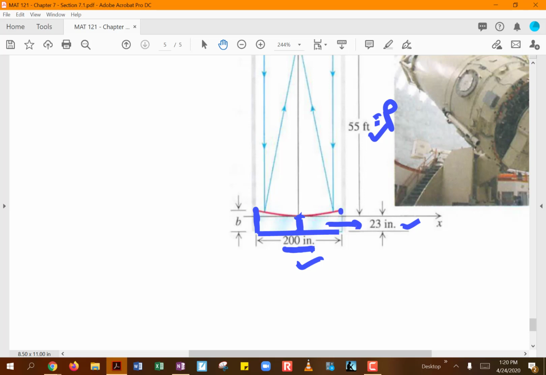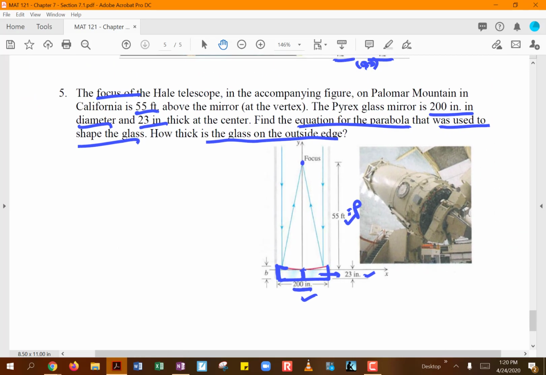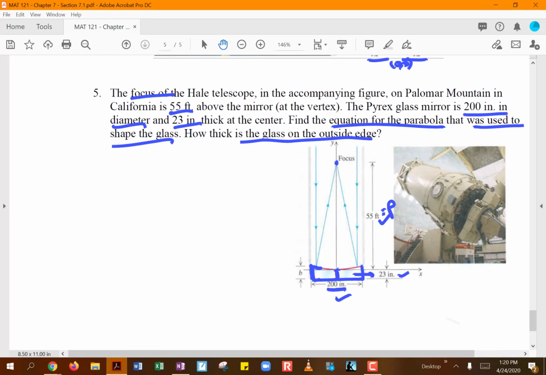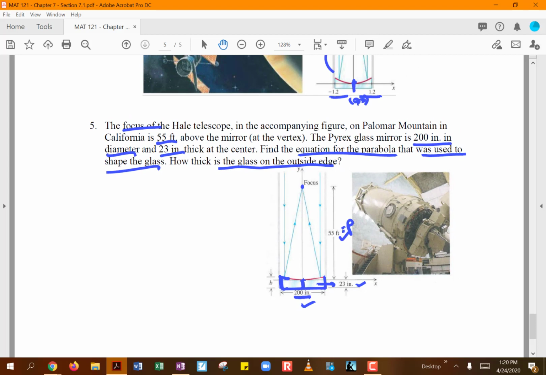But if you look at the outside edges, that glass mirror is going from here to here. So this thickness is going to be bigger than 23 inches. It's going to be thicker on the outside edges. So that's the thickness they're asking us to find. They're asking us to find the equation of the parabola and what the outside edge thickness of the glass is going to be.